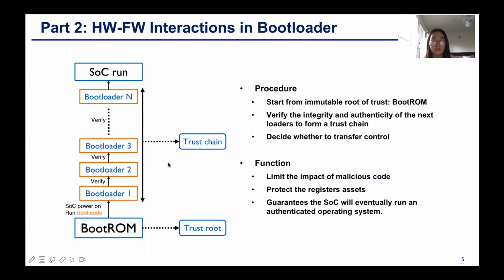This creates a chain of trust, which stems from an immutable root of trust. In our case, this root of trust is the boot ROM. After verifying the bootloaders, the SoC will run. The functions of bootloaders are that they can limit the impact of malicious code and protect the register's assets.